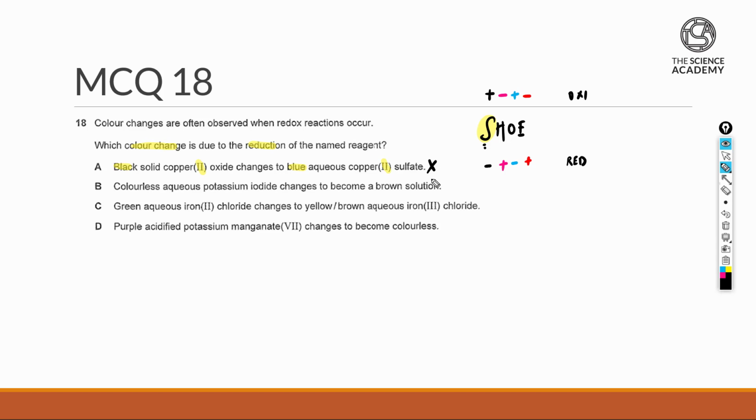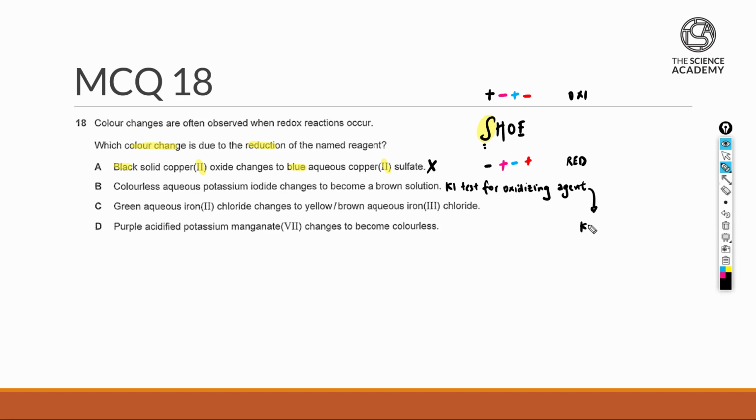For the case of B, we have colorless aqueous potassium iodide changes to become a brown solution. Now this seems to be okay here because if I take a look at option B, KI tests for oxidizing agent. So if KI can test for oxidizing agent, we're going to do a little bit of flip.